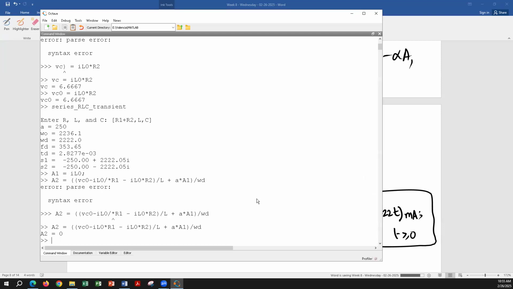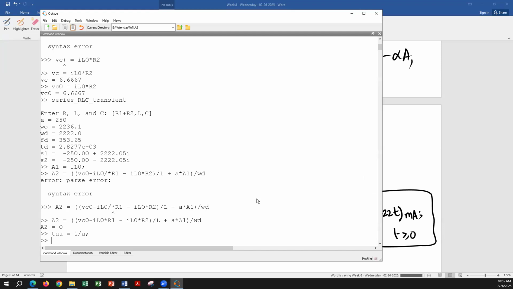So let's say we define tau equal to 1 over 250, and define our time as 0 to 6 time constants, divided into 100 points per time constant. I'm assuming it would settle down in 6.